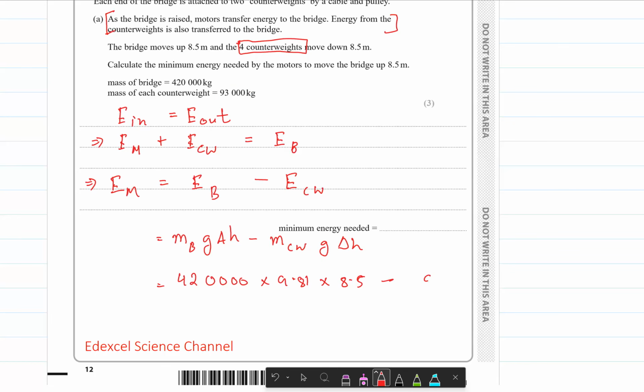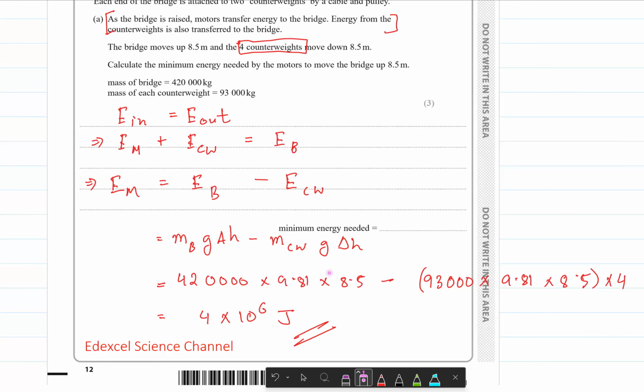So 93,000 times 9.81 times 8.5, but you have to multiply it by 4 to consider all four of them. This should give you about 4 times 10 to the power 6 joules of energy.